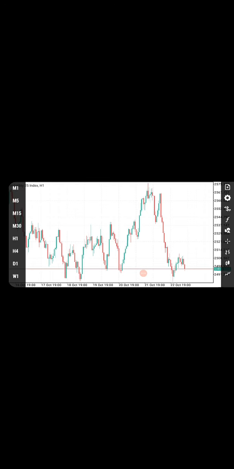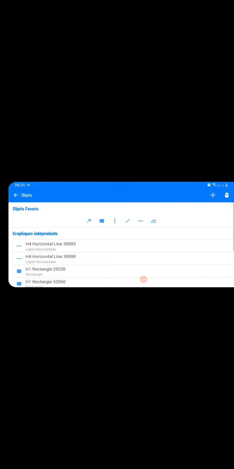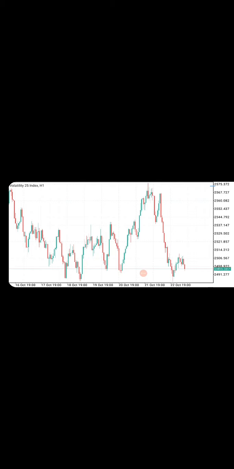So let's go. You click on your chart and you click on the sharp button here. When you click on the sharp button, you can have the different features here. You can have the square, the trend line, and that stuff. So for the support, you can use this thing. Let's click on it, and I put the support here.